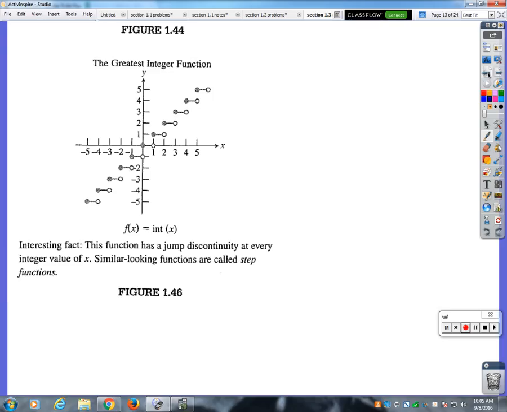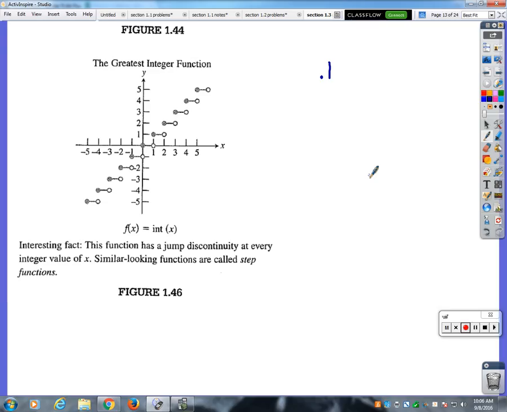This is called the greatest integer function, and the way that this function works is you take a number, give me a decimal number, 0.1. And the way the greatest integer function goes is you go to the number that's just below it. You basically just truncate.